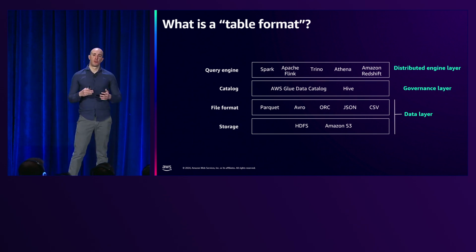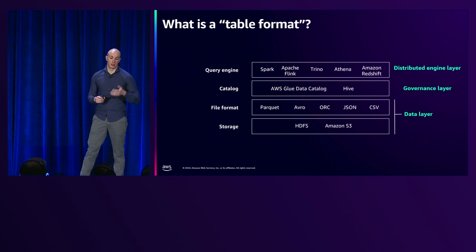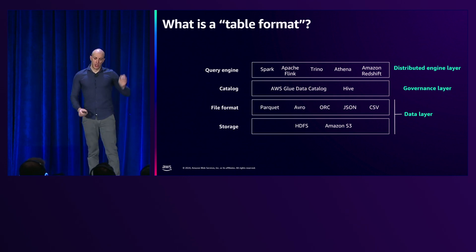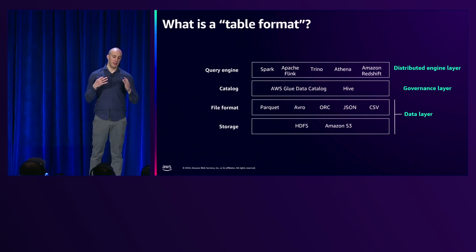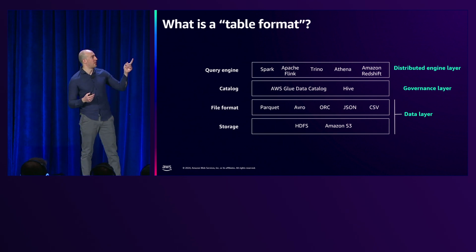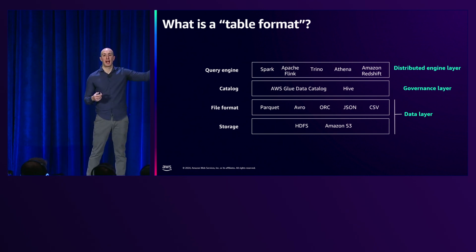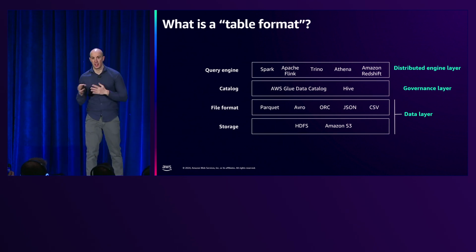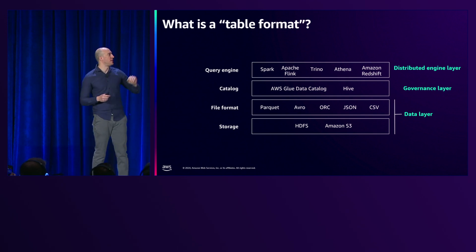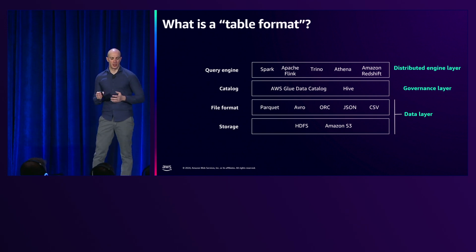This query engine runs a query or job on top of a table registered on a catalog. Some examples of catalog are Glue Data Catalog or Hive Metastore. These tables are a set of objects, and these objects are stored in file formats like Parquet, Avro, ORC, JSON, CSV, and so many others. And of course, these objects are located in a storage layer like HDFS or Amazon S3.